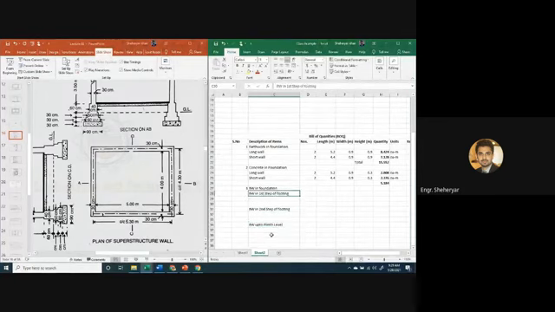Okay, so now I'll paste this long wall and short wall for each of these items because lengths will be different.